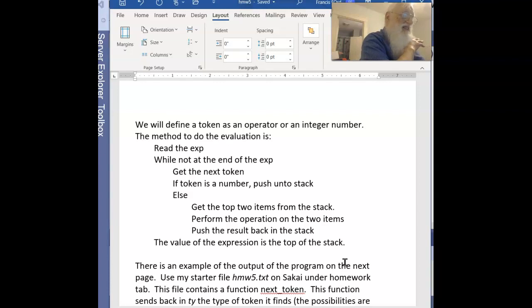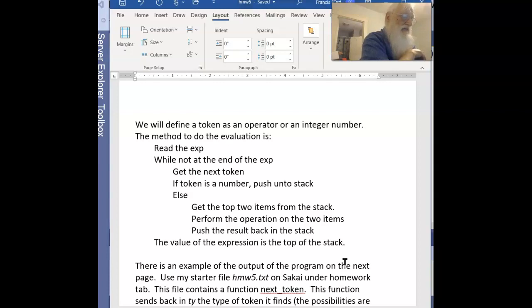But it could be a keyword if we were looking at more complicated situations. In our case, it is either the number, which is an integer, or the operator, which is one of those 5. Now, I will make a slight addition. I'll have a token that says we're at the end of the whole thing.